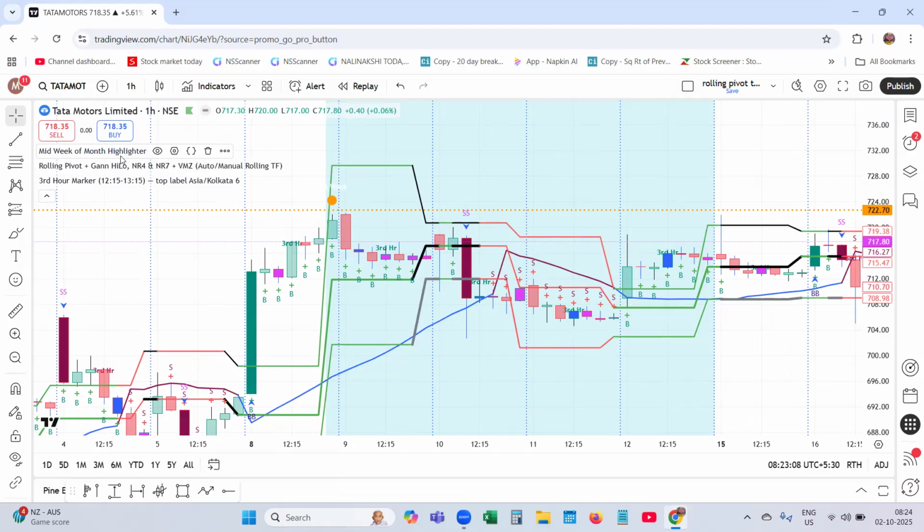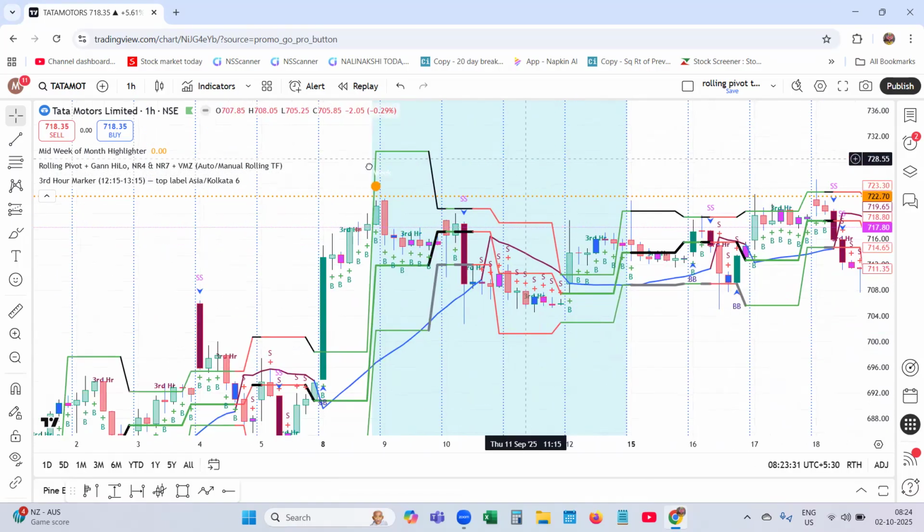It is also a guideline for your long term trade. For a swing trade or positional trade, the midweek of the month balance is automatically coded. It lasts for 4 days. You can mark the high and low of this, if the balance is crossed.